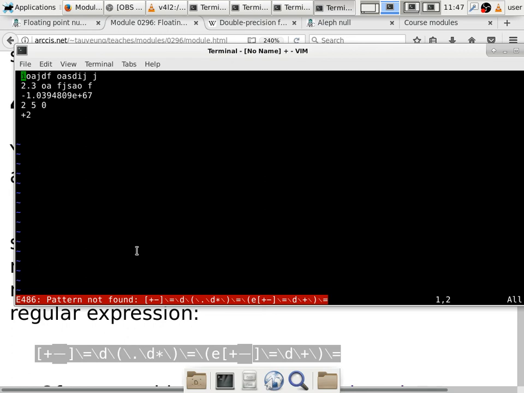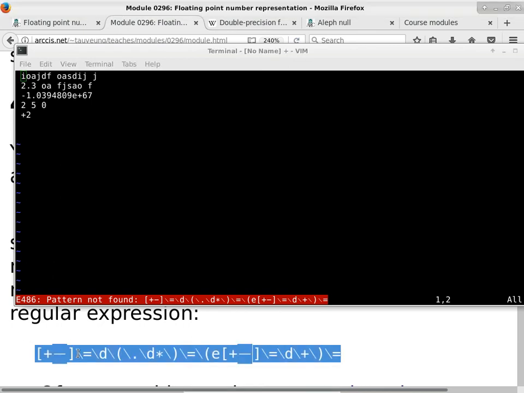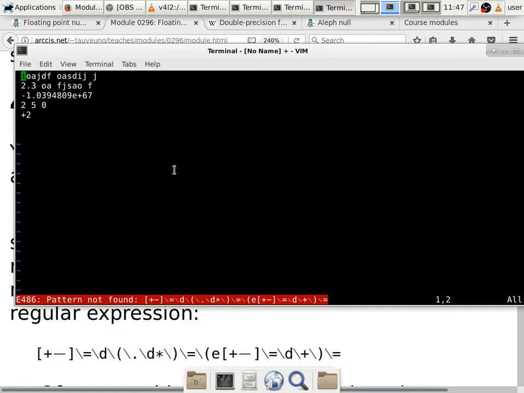Pattern not found. Sorry? The backslashes appear different. They're a different character, because the encoding is different. Darn. That means I have to actually type it. Okay, fine.